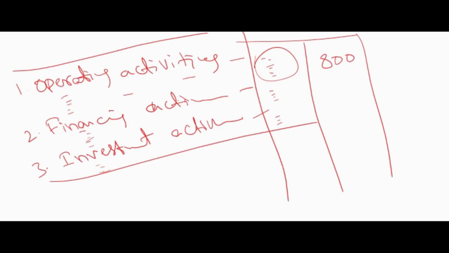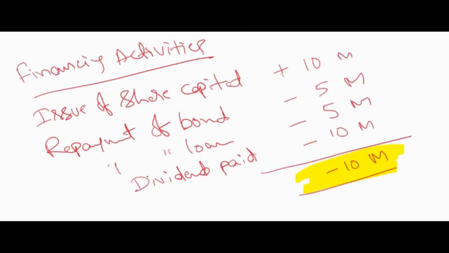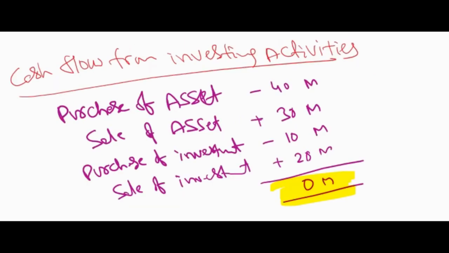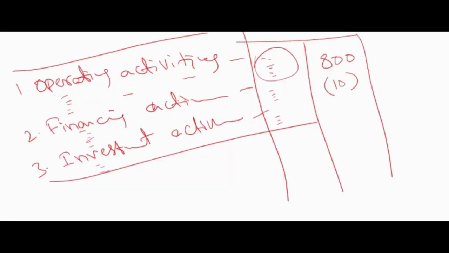And then for financing activities minus 10. So we have to represent minus in this fashion. And then from investing activities it is 0, right? So finally what is the number? 790. This is the value which we have generated from cash flow.